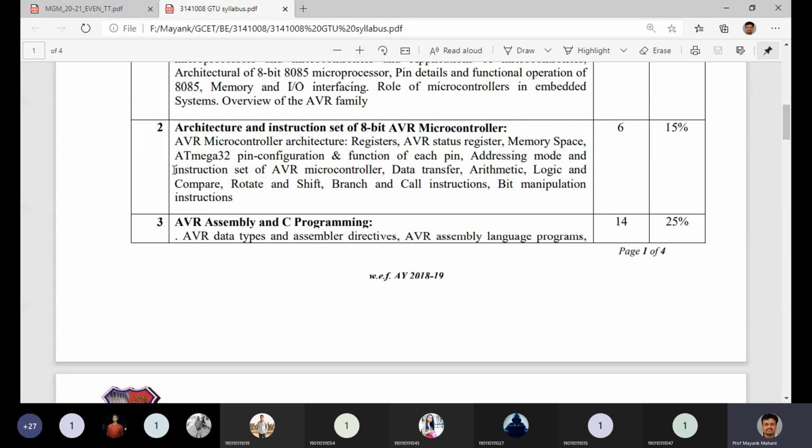We will be looking into the basic instructions of your AVR microcontroller. If there is a microcontroller, I need to write a program, and looking at the program, the microcontroller will get the instructions and perform the task accordingly. So the instruction set is very important to know. If you know the instruction set properly, then only will you be able to program the microcontroller.